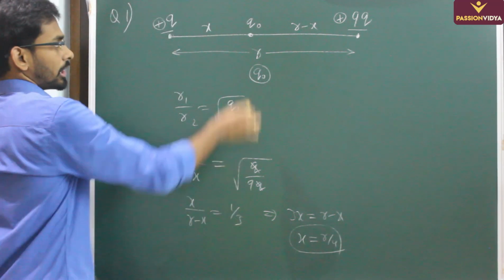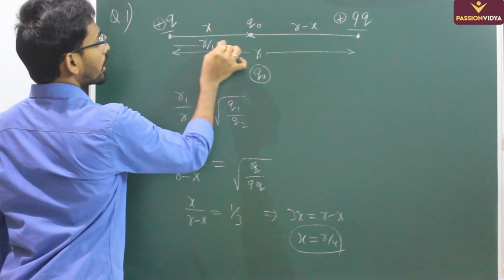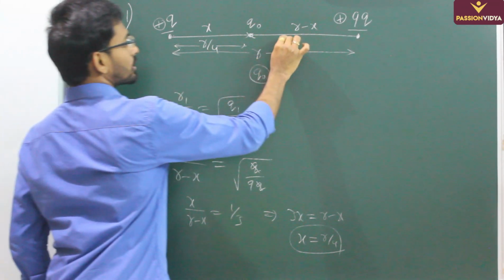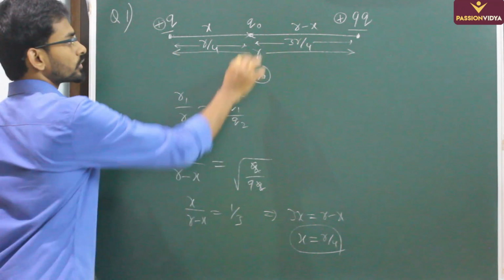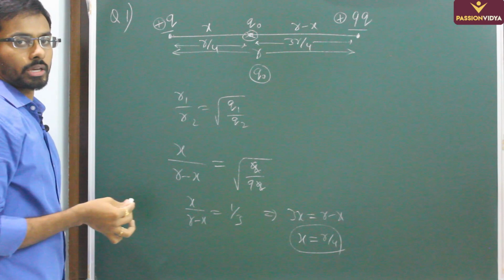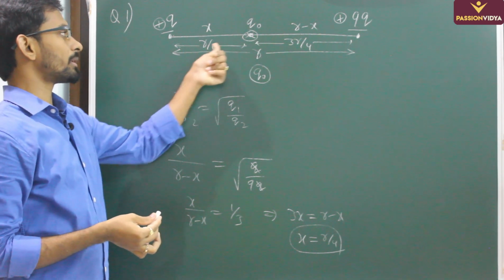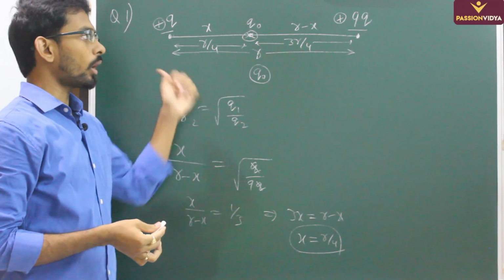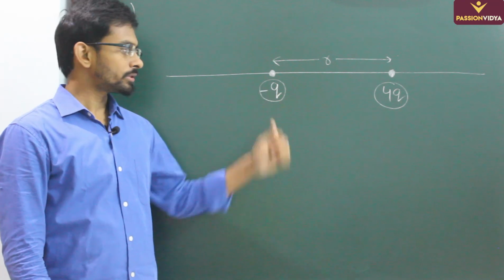So the equilibrium will be at a distance r by 4 from q, or you can say 3r by 4 from 9q. So this is how to locate the equilibrium position. So we have to keep q0 at a distance r by 4 from q along the line joining q1 and q2.